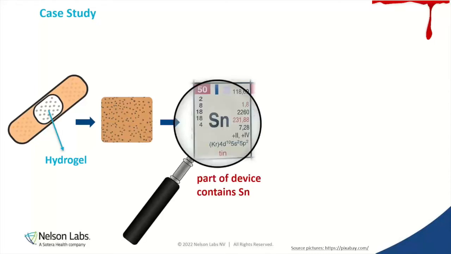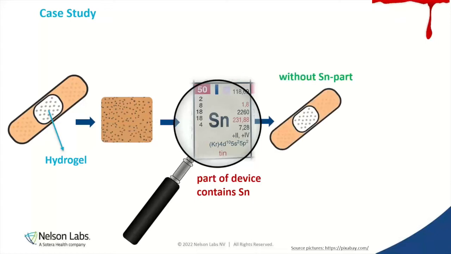So in this case, what we discovered is what carried that electric current to the hydrogel was a thin sheet of tin backing. Now that ended up being in the exposure, but we didn't know at the time what it was. Typically, we're testing these things blind without material information.